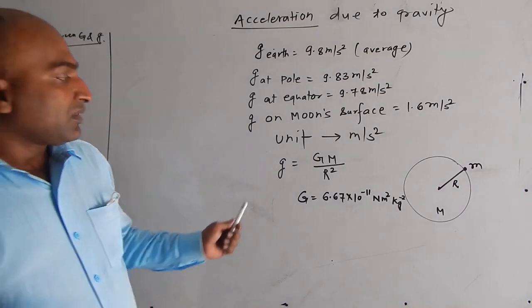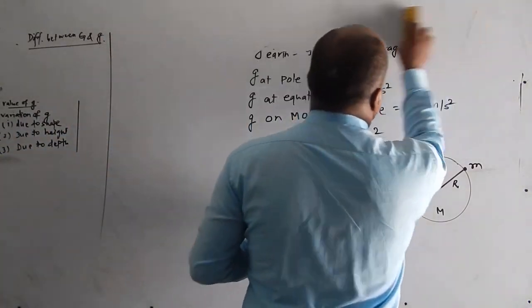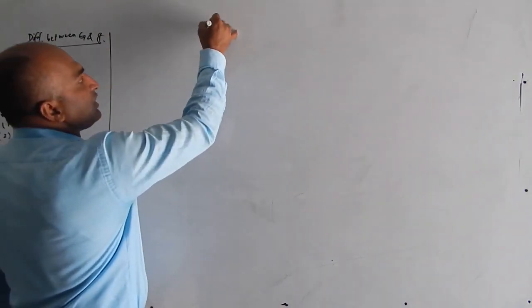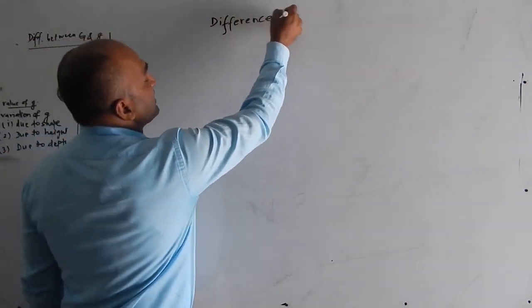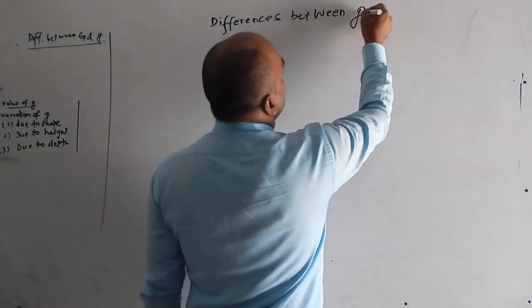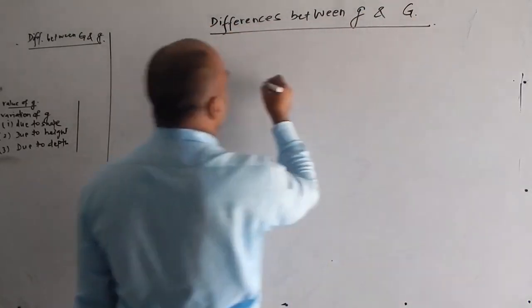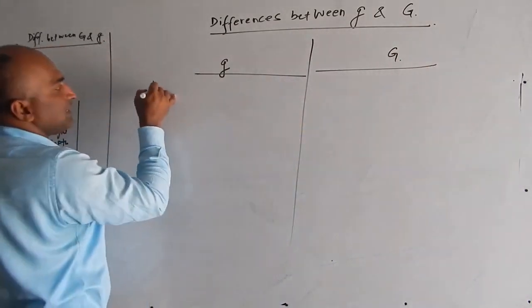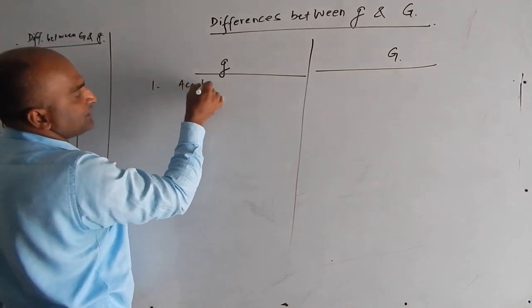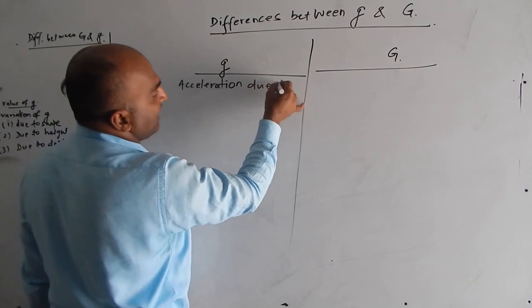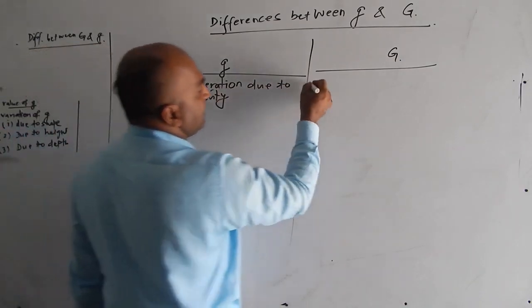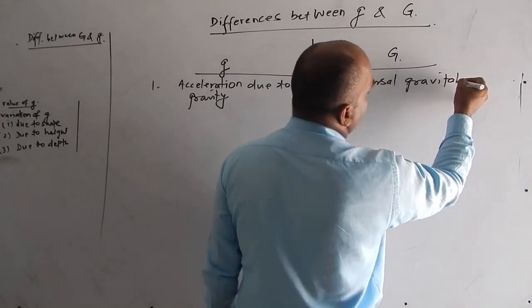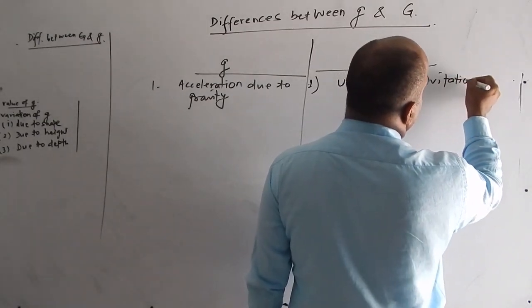There are some differences between small g and capital G. Small g represents acceleration due to gravity, and capital G represents the universal gravitational constant.